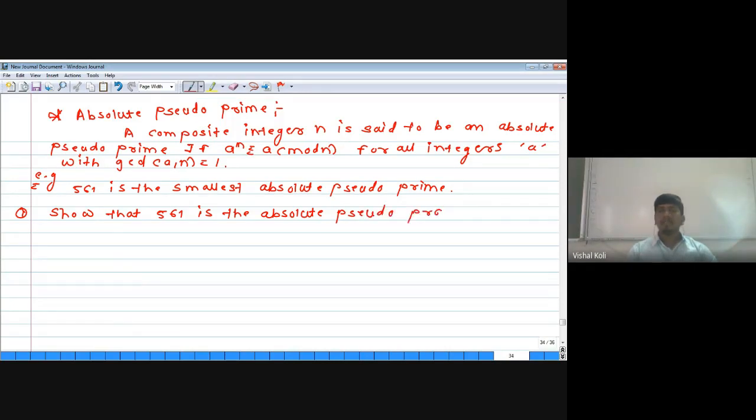As here we have said that 561 is an absolute pseudo prime, that is, in definition of absolute pseudo prime, we have taken 561 is the smallest absolute pseudo prime. Then it must be a composite integer, since in definition it is given that any composite integer n is said to be absolute pseudo prime if it holds this condition. As 561 is the smallest absolute pseudo prime, then it must be a composite integer.